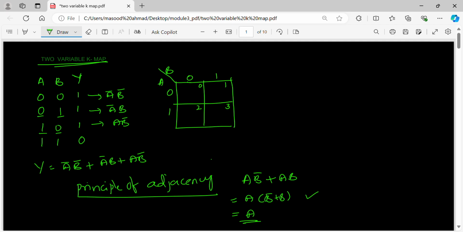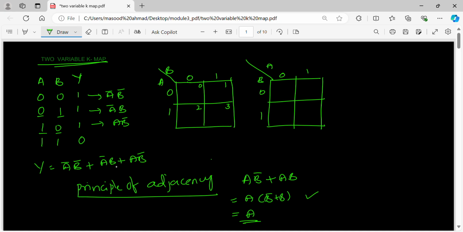The other way of representation is like this, where we are writing A here and B here, with 0 followed by 1. Once again I am taking 0 0, 0 1.